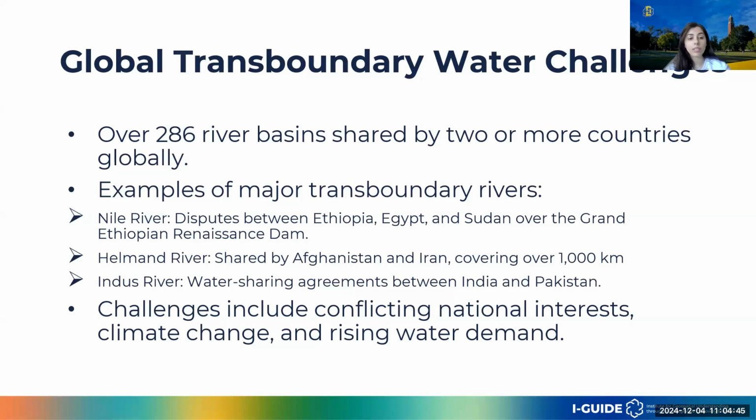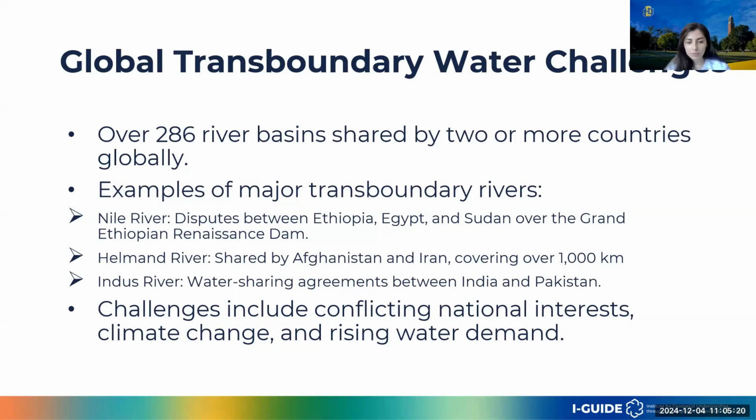And a few of the examples of these transboundary waters are the Nile River, with the disputes between Ethiopia, Egypt, and Sudan over the Grand Ethiopian Renaissance Dam. And the other one is the Indus River, which is shared between Pakistan and India, and they have water sharing agreements between them. And the other one would be the Helmand River, which is shared by Afghanistan and Iran, and they also have a water sharing agreement between them.